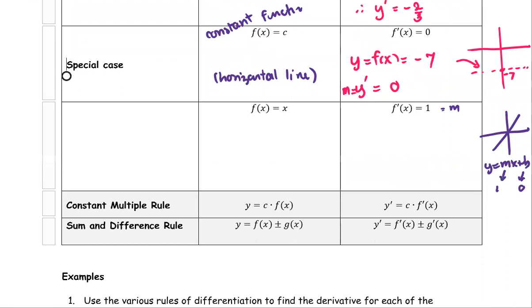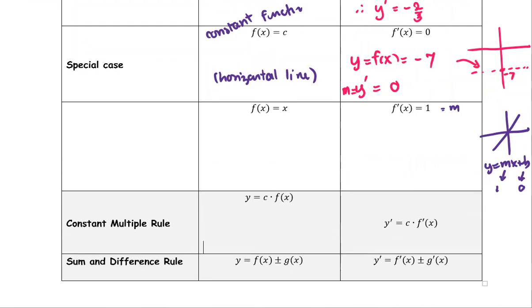And the next two derivative rules apply to any function type. When you multiply a number to the function, the number doesn't change anything.